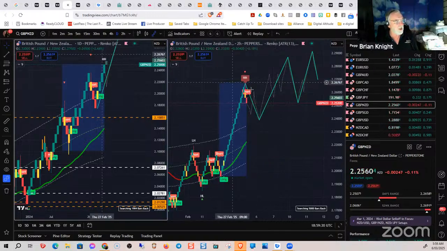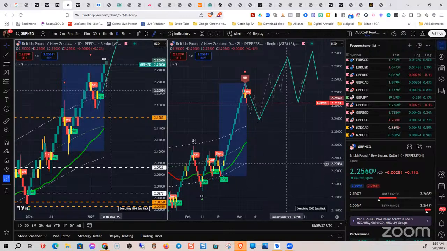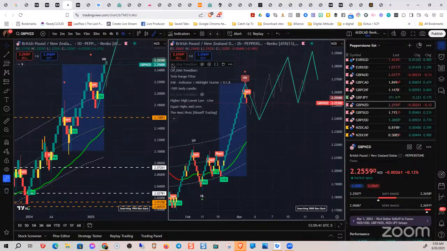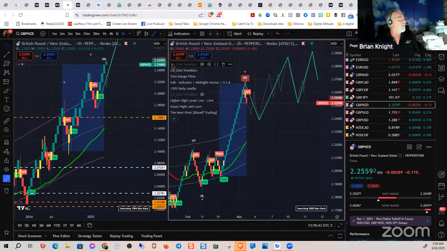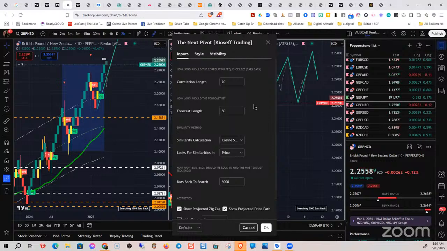So your chart, this green line goes down here somewhere, does it? Yeah, down to the bottom. So if you go into your settings, let's see if they're the same. Which one is it? The bottom one, next pivot. I never did any settings on this. So 20, 50, cosine price, 5,000.